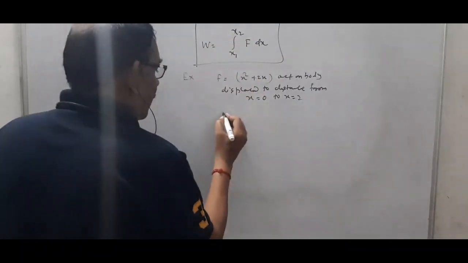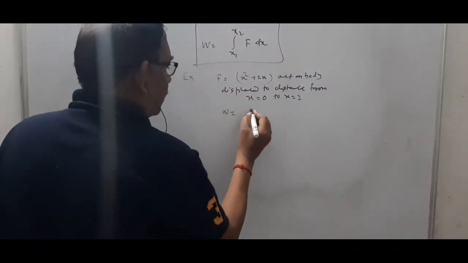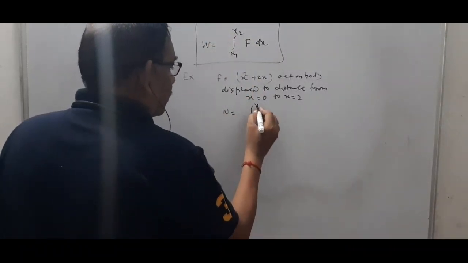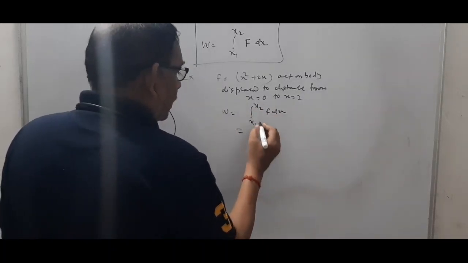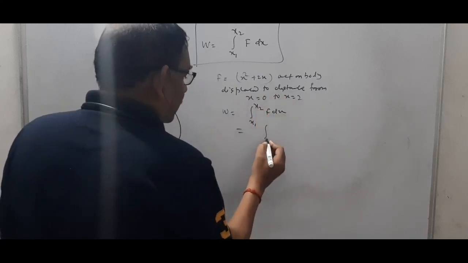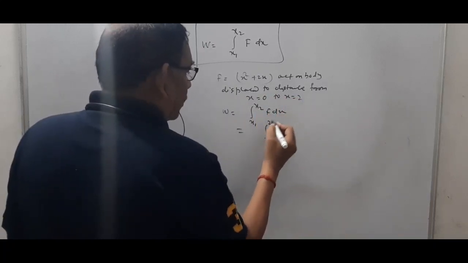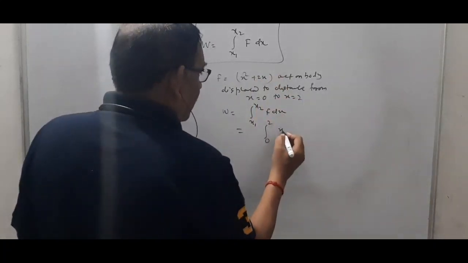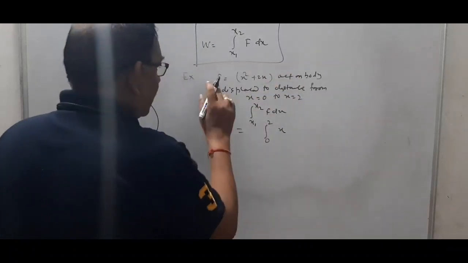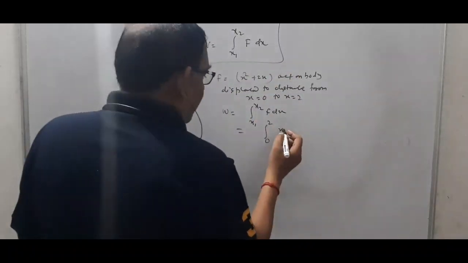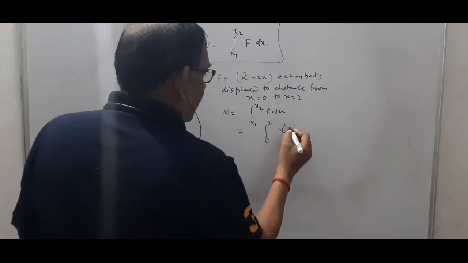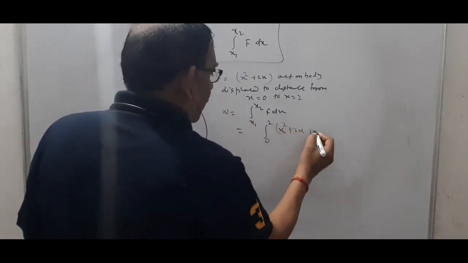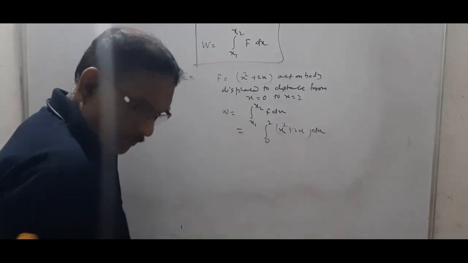By using this formula, W is equal to the integral from x1 to x2 of F dx. The initial value of the displacement is 0, the final value is 2. The force is given in terms of x. So here, x square plus 2x, your operator is dx.